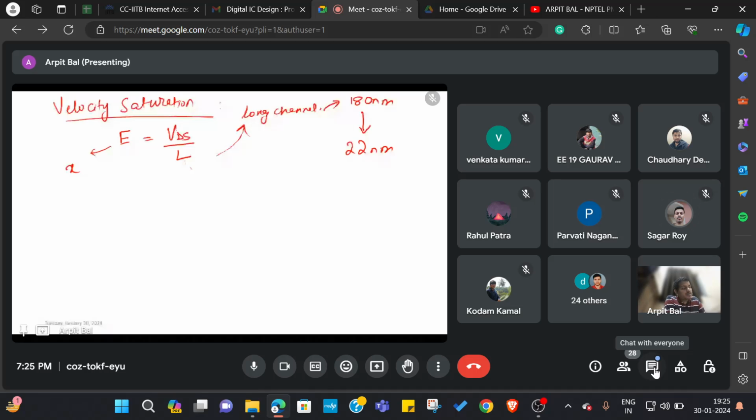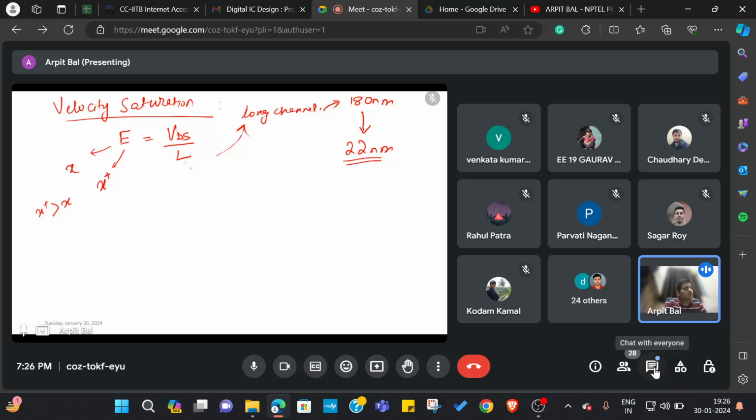Okay, so now we have scaled it down to, let us assume, 22 nanometer. When we go on decreasing this distance between source and drain, the problem is this E rises. Now it will be some X plus, such that X plus is greater than X. But if we go on increasing the electric field, it will actually lead to breakdown.